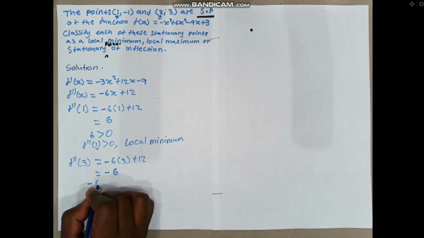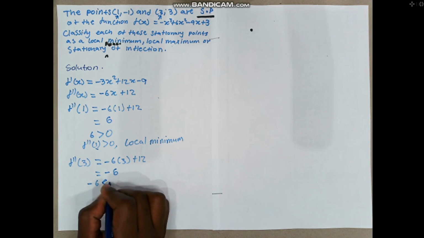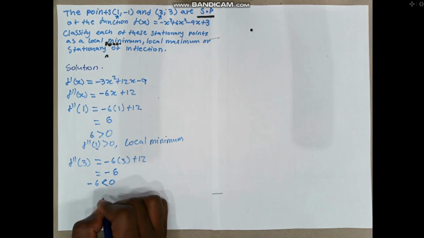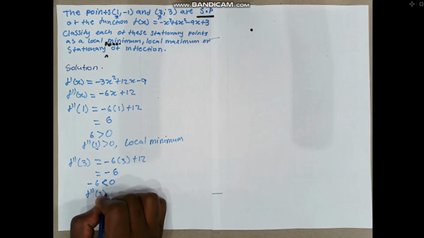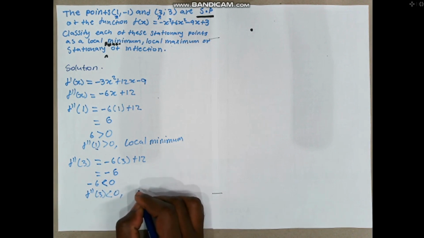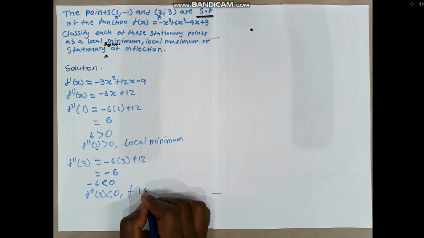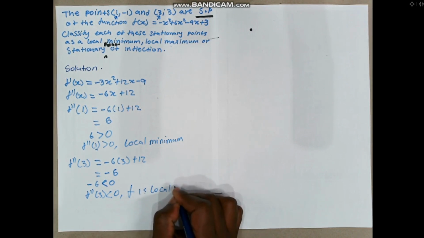Now -6 is less than 0, meaning f double prime of 3 is less than 0. What does this mean? It's telling us that f has a local maximum.